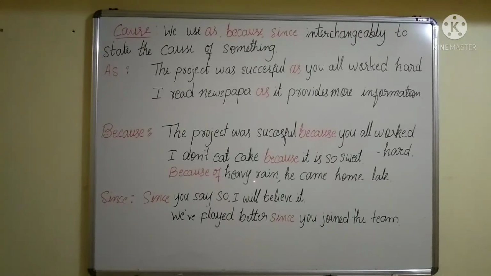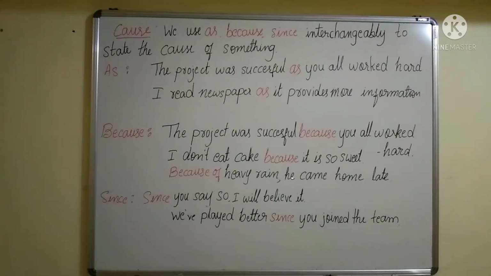Then what next? We can't say, and it doesn't give complete information. So it needs something. What else? Yes, "he came home late." He came home late is an independent clause.